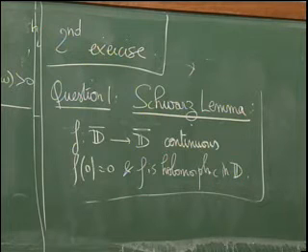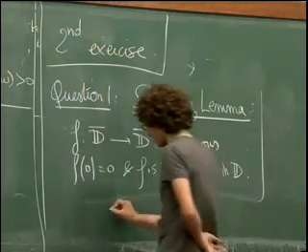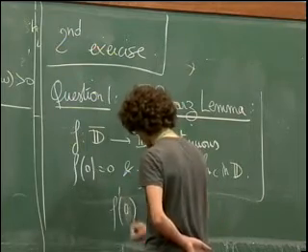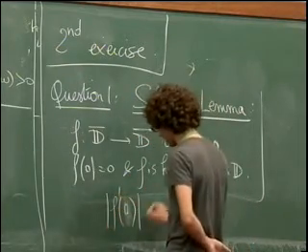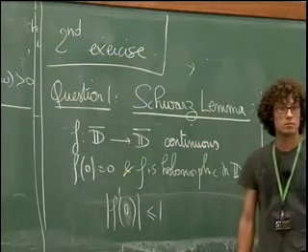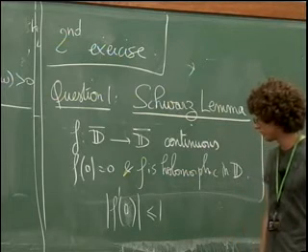OK? What this Schwarz lemma says is that the modulus of f prime of 0 is less or equal to 1. That's another formulation. It's better than what I put in the notes.